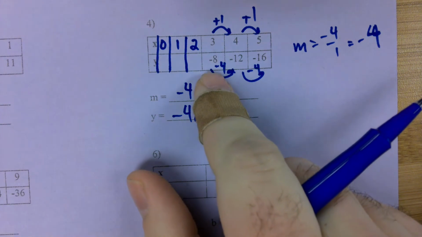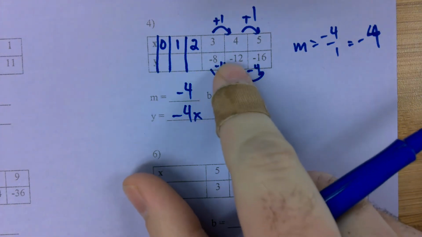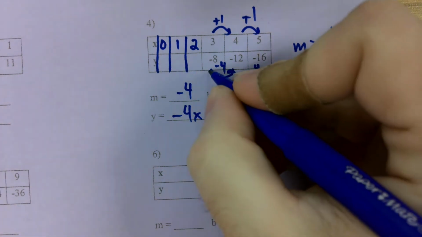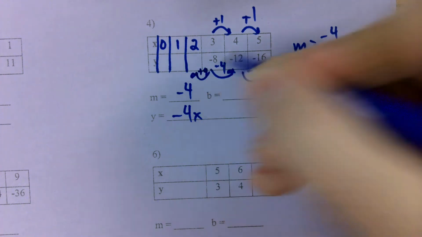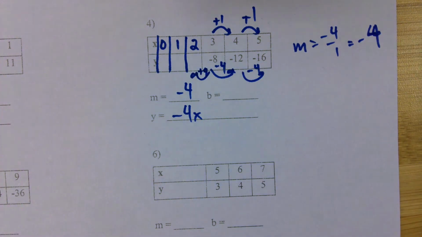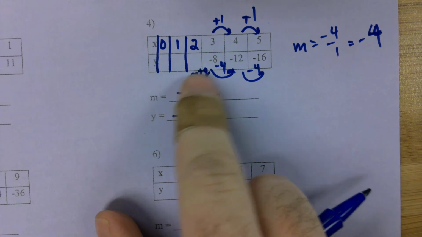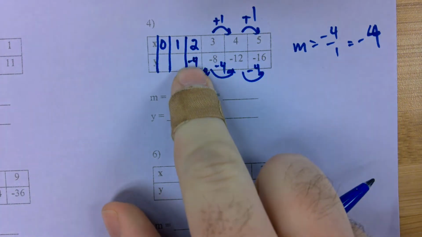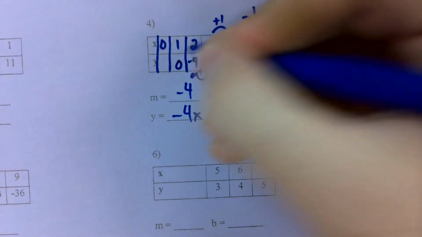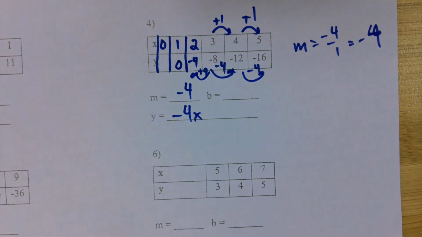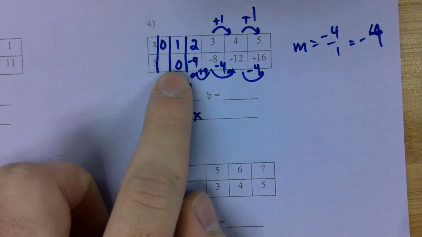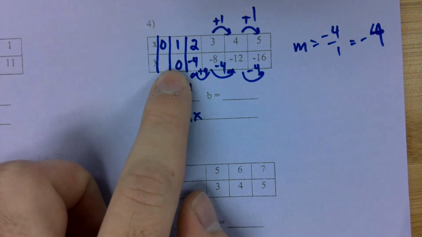So on the y side of this table, if we're subtracting 4 as we move across, we go the opposite way, we're going to add 4. So negative 8 plus 4 gives us negative 4. Negative 4 plus 4 gives us 0. And I saw a lot of people stop right here and go, oh, my b value is 1. That's not the case.